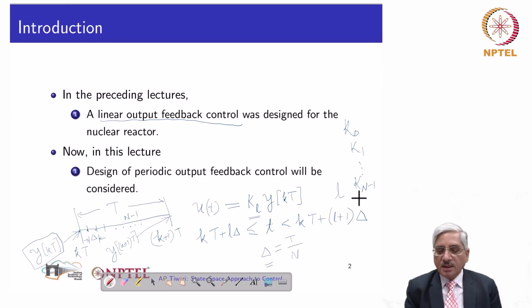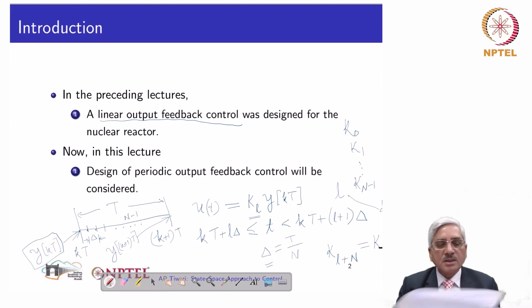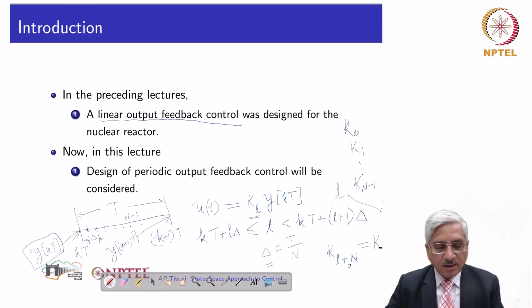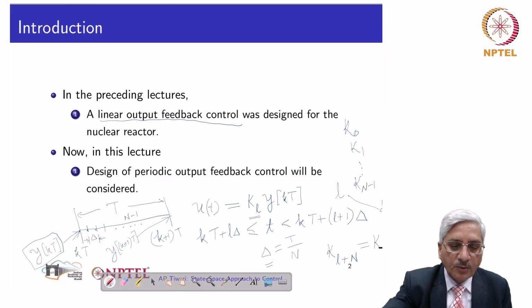And at any lth instant, it is K_l. And then we have seen that these gains are periodic, so K_(L plus N) will be equal to K_L. So this is a recall of the salient points as regards the periodic output feedback control. We proceed ahead.